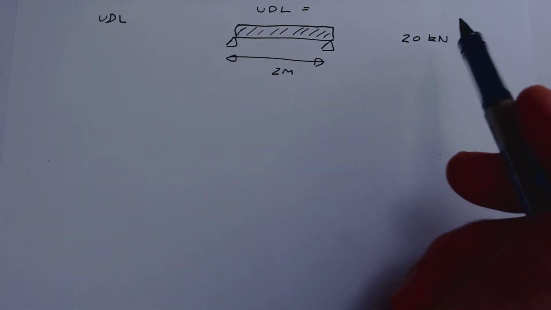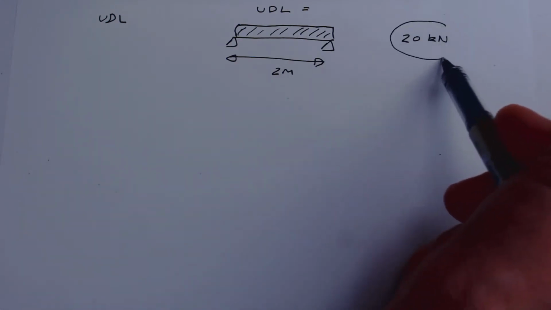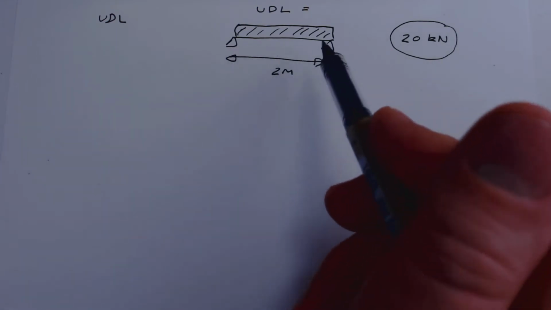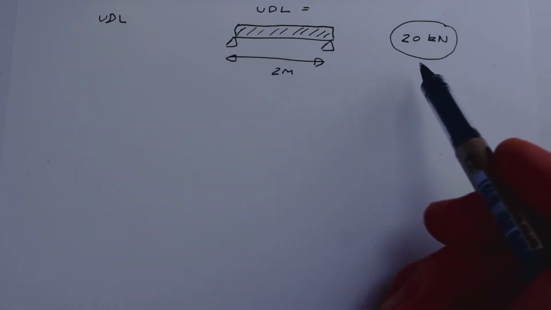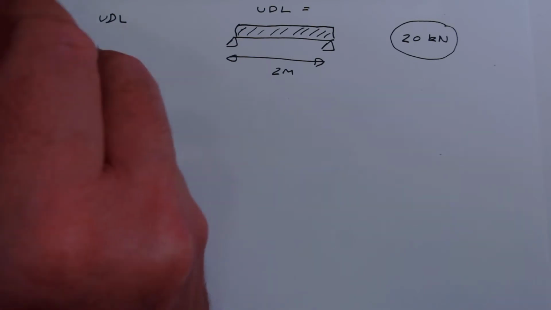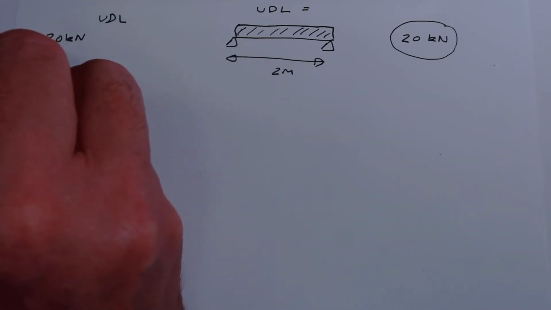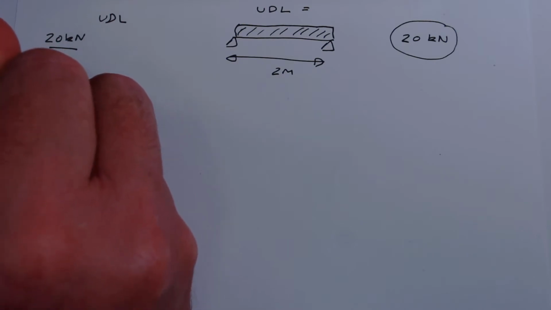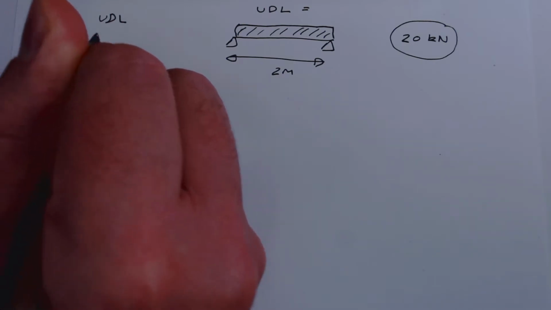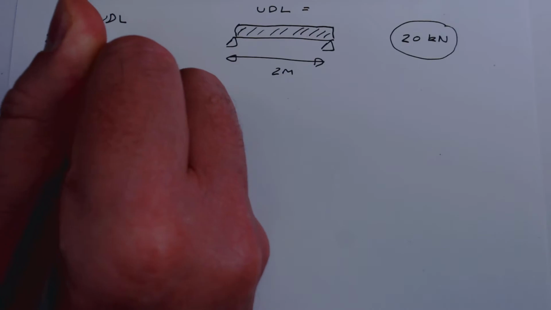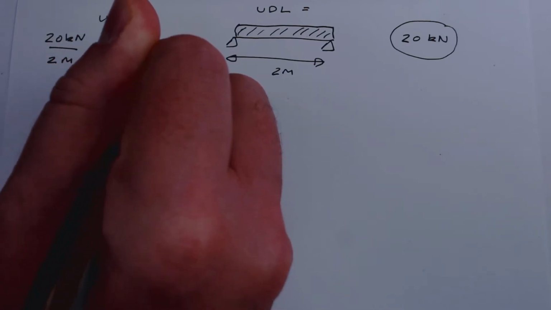In this particular case, the total weight of the UDL is 20 kilonewtons, so what I need to do is take my 20 kilonewtons and then divide it by the fact that it's spread over 2 meters, and so that gives me 10 kilonewtons per meter.